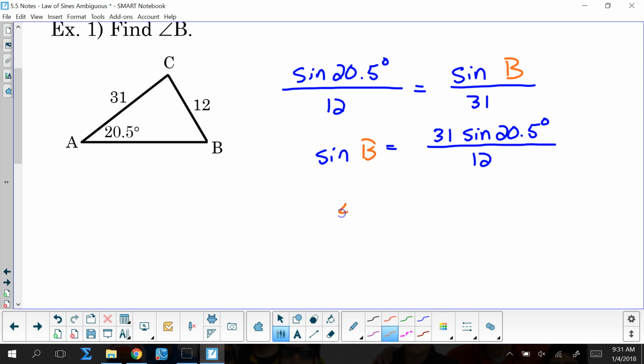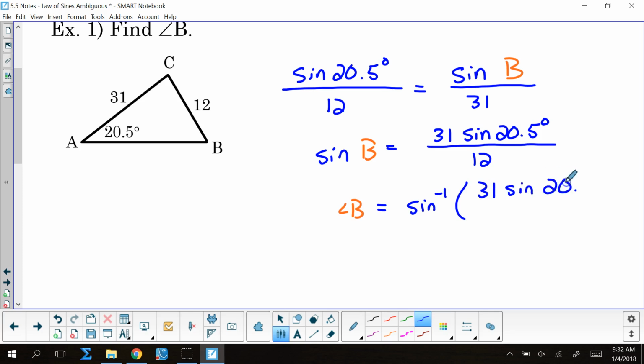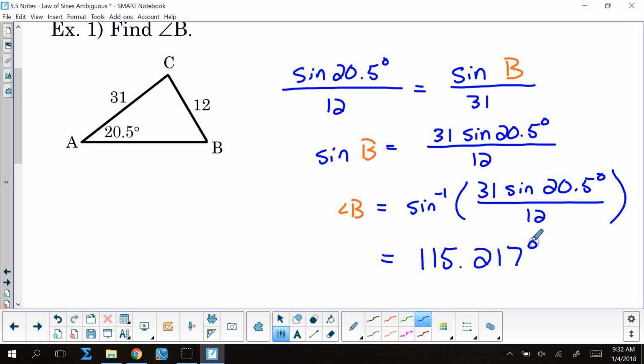So angle B is the inverse sine of that, which is 115.217 degrees.